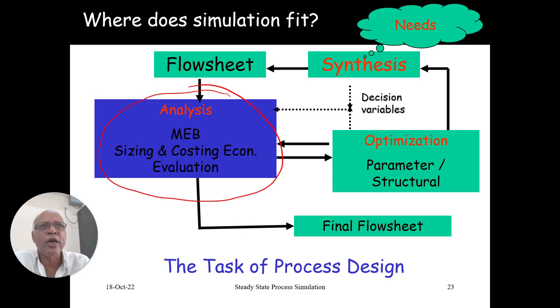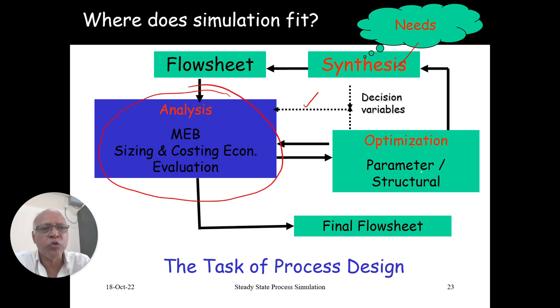For example, how much to produce, what equipment to use, what are the operating conditions. Take such decisions in the beginning, do these analyses, and keep on manipulating these decisions with an objective of optimizing them. In fact, this whole issue is related to three parts: synthesis, process simulation, optimization. So the result of process simulation may be used to optimize.